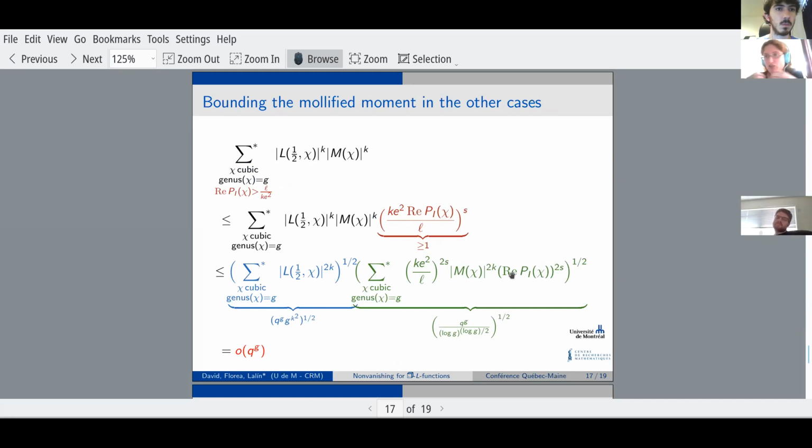So it looks like you're making things worse, but actually you're making things better in a way. So you end up with the second moment again, with the bound that we know, like q to the g times g. But then the other term is bigger. It kind of wins over the power of g. So basically, you are using one term to win over the bad estimate on the other. So it's actually very cute.